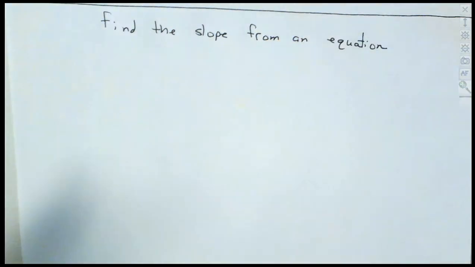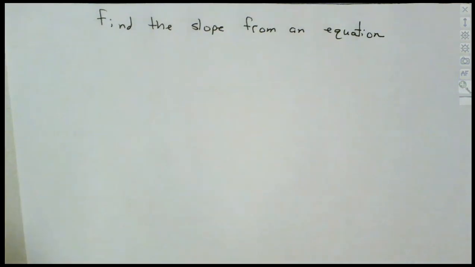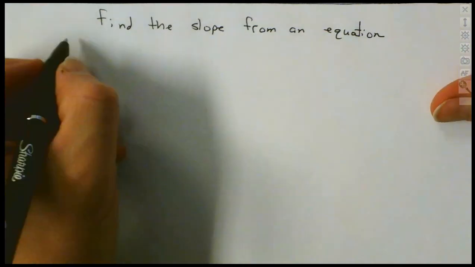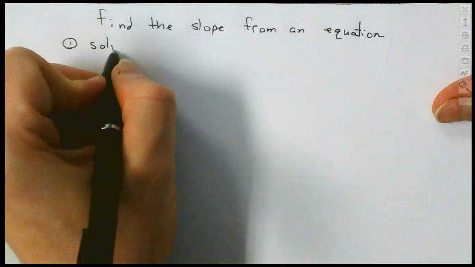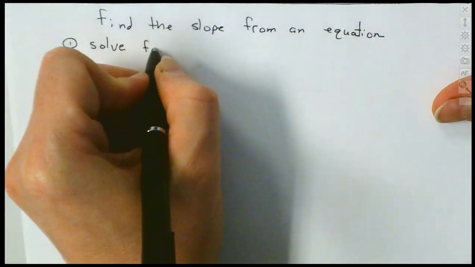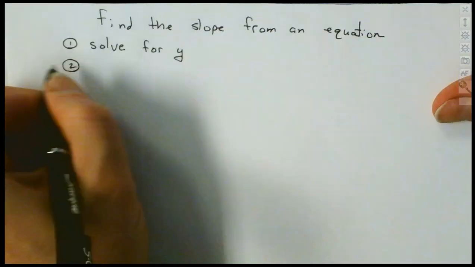So we're going to be finding the slope from an equation. How we do that is we solve it for y. So step number 1 is going to be solve the equation for y. And that's going to put it then in what's called slope-intercept form.